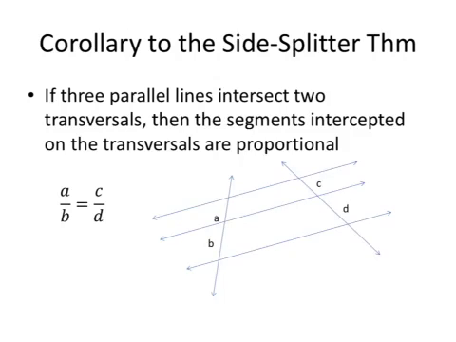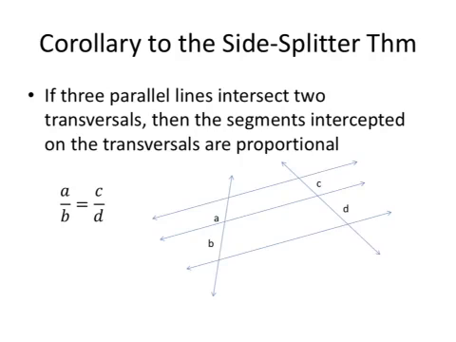So, next thing we want to talk about is the corollary to the side splitter theorem. And this says if 3 parallel lines intersect 2 transversals, the segments intercepted on the transversals are proportional. So, this segment A divided by B should equal C divided by D. Okay? And there was another theorem we did earlier in the year that looked a lot like this.